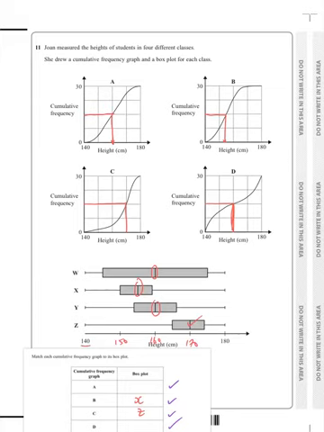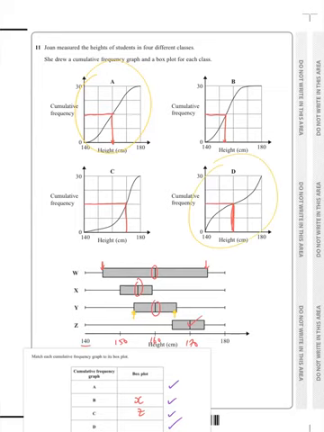Now, let's look at this one. There'll be quite a large spread here as opposed to this one here where the spread is smaller. So let's have a look at which has the largest spread, and that must be W as a box plot. So we only had this one here and this one here. They were the two front runners.